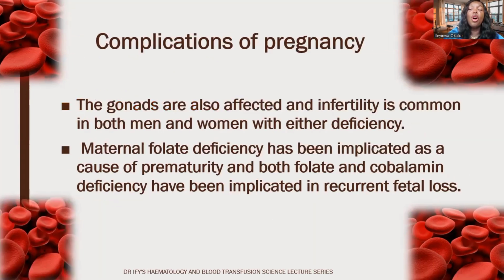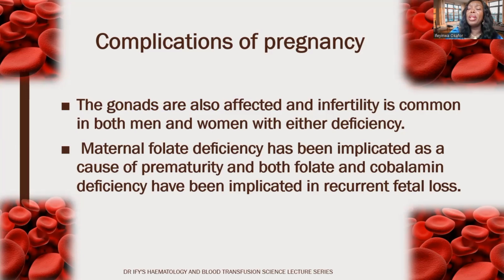It can also cause complications in pregnancy because the gonads are also affected. Infertility is common in both men and women with either deficiency of folate or B12. Maternal folate deficiency has been implicated as a cause of prematurity, and both folate and cobalamin deficiency have been implicated in recurrent fetal loss.